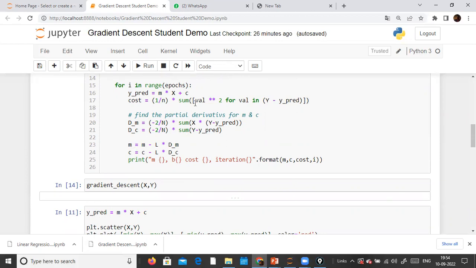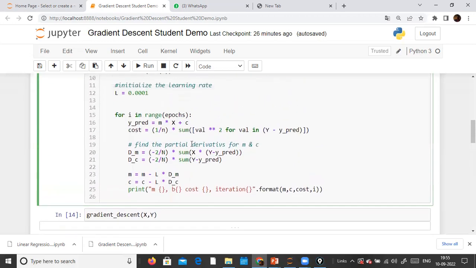If you have 1 million records, from one step to another step, if you need to move, just think about the hill story. The person moves from one place, one step to another step. If he has to take the entire data and then compute this, it's very expensive, but it is very deterministic when you use the batch gradient descent.